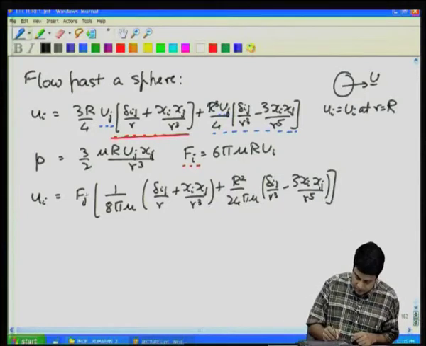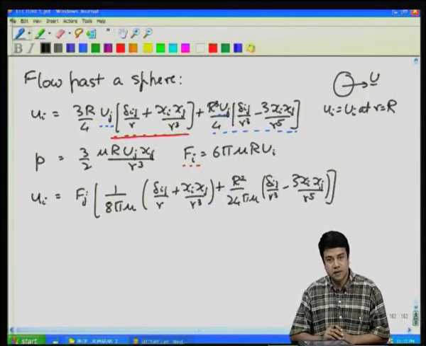So, this gives me the velocity field in terms of the force exerted by the particle on the fluid.